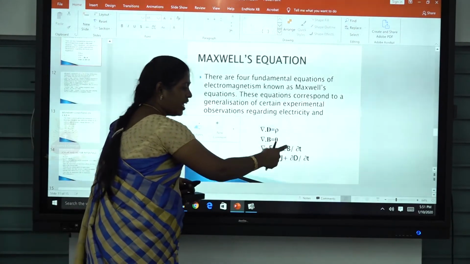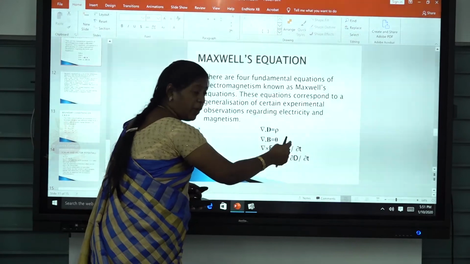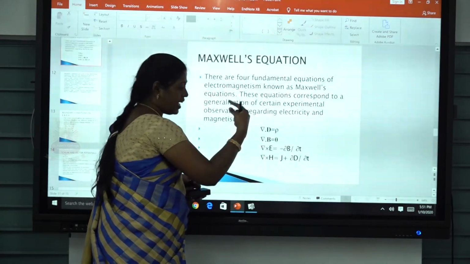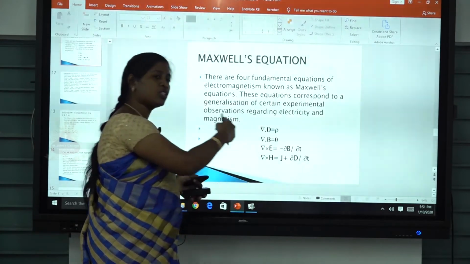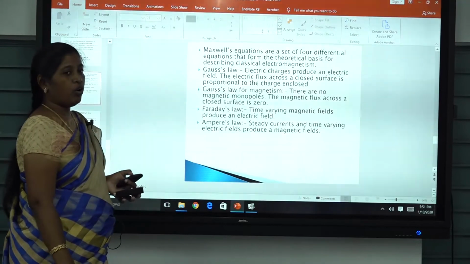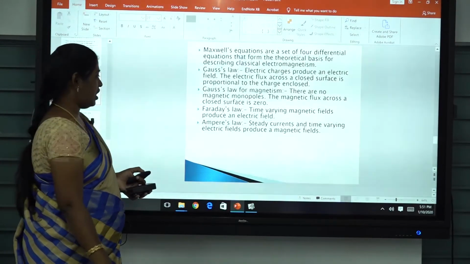The third one is that a time varying magnetic field produces an electric field. The time varying electric field produces a magnetic field. So these are the 4 Maxwell's equations.